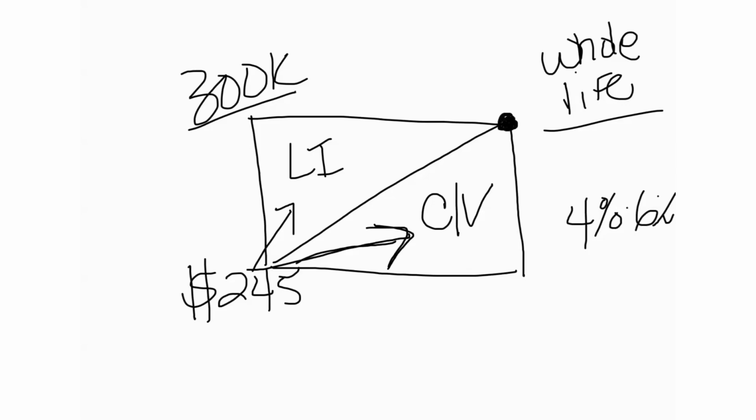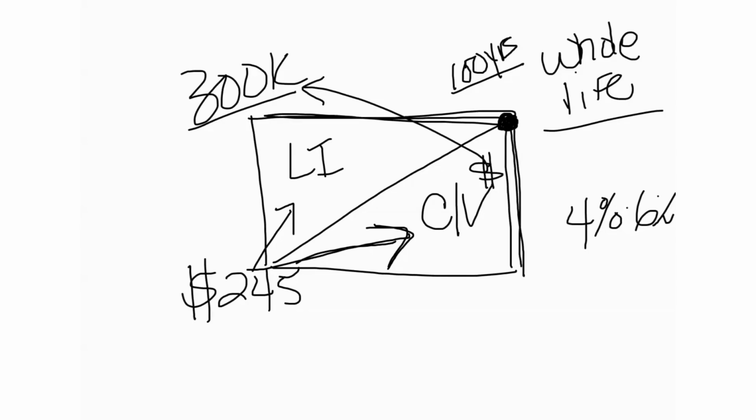Endowment is going to be on your test. The word endowment happens at 100 years old. So what endowment means is that your cash value dollars, that amount of money, equals your face amount. Your cash value equals your face amount. See how it comes together here? Boom, it meets that.